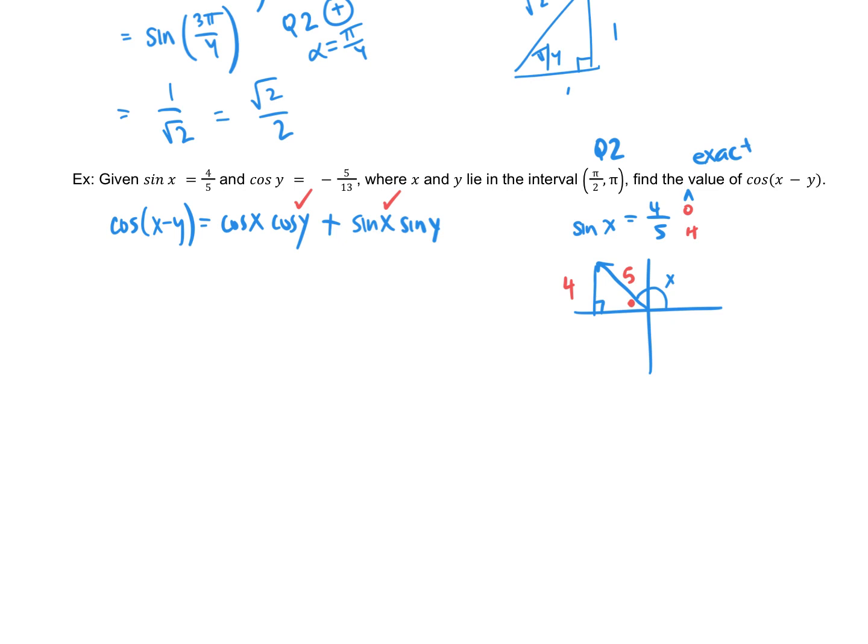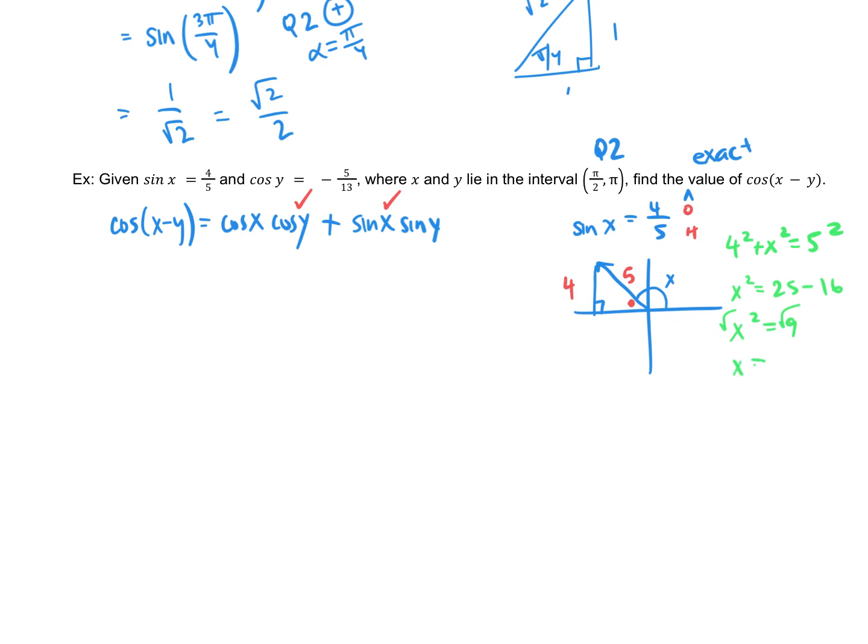Because if we find the adjacent side, then we'll be able to figure out what cos x is equal to. So I'm just going to do a little Pythagorean theorem. I'm going to write 4 squared plus x squared equals 5 squared. I chose x because I'm looking for a length on the x-axis, but you could have used any letter. So x squared equals 25 minus 16 when that 4 squared moves over. That's 9.